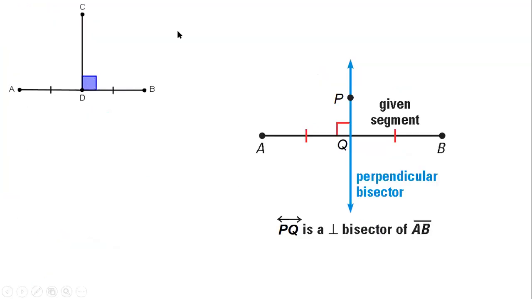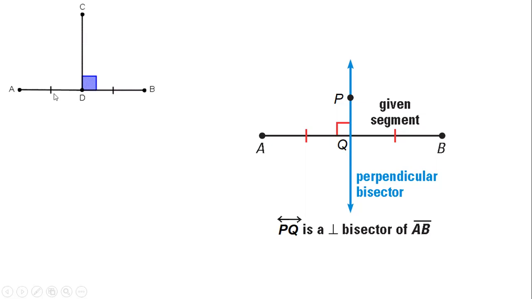Now, as you can see here, if I asked you, what do we call CD here? Because we see that there is a mark here, similar to a mark here, we can see that D is the midpoint of segment AB. Since the line CD is perpendicular to AB at D, then we say that CD is the perpendicular bisector of segment AB.